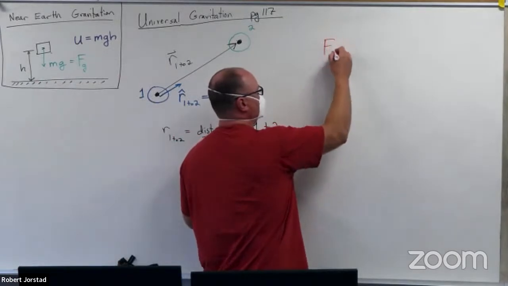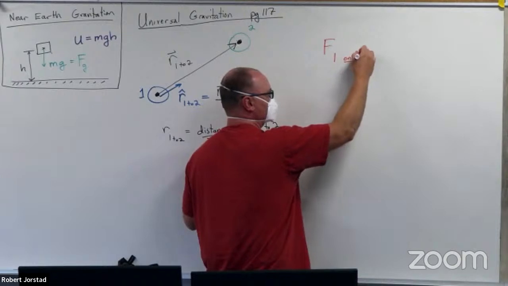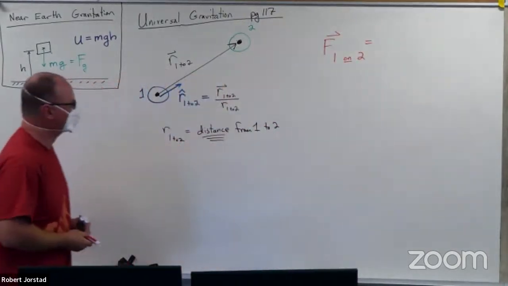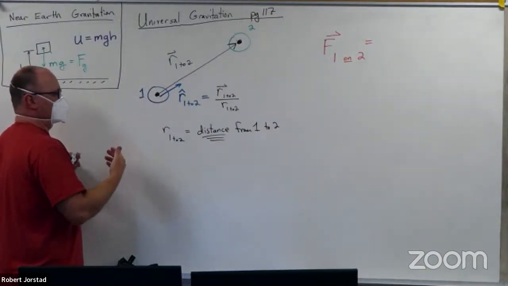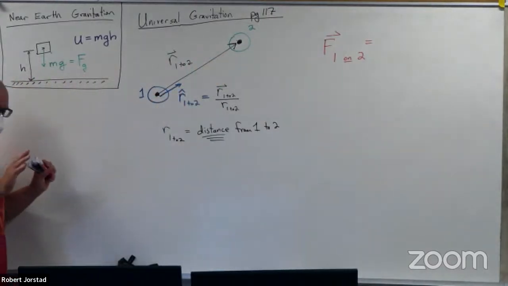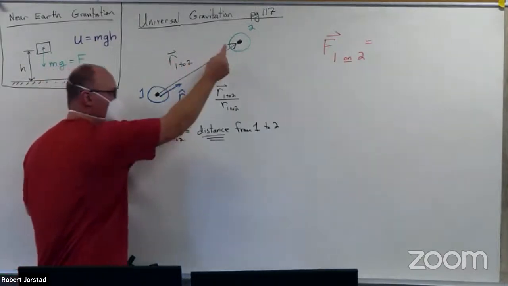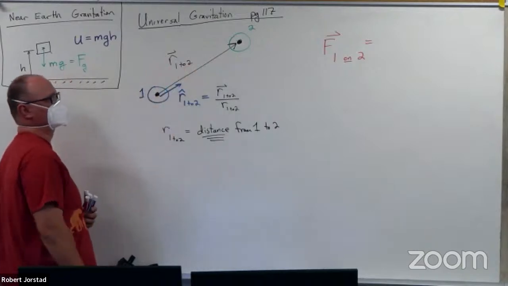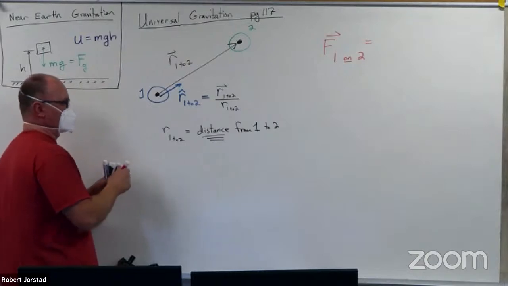Now, the force that one exerts on two. Let's think about this. What direction is the force that one exerts on two? I know I'm going to be boring and accentuate that word on a lot. I apologize. I just want to stress it. I'm talking about the force on two. Which way does one exert a force on two? Towards one is probably the easiest way to say that.